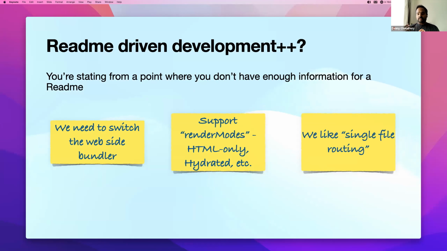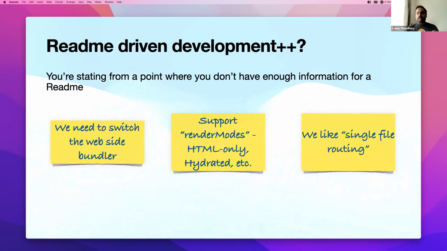So I knew we had to deal with this concept, but we also know that in Redwood, we don't do file system routing. So these are the three things I had to start with. And really, with a README, I wouldn't know where to start.